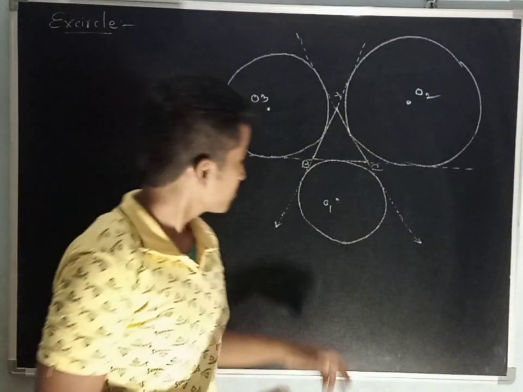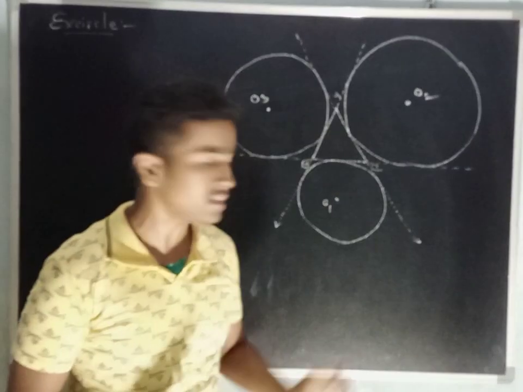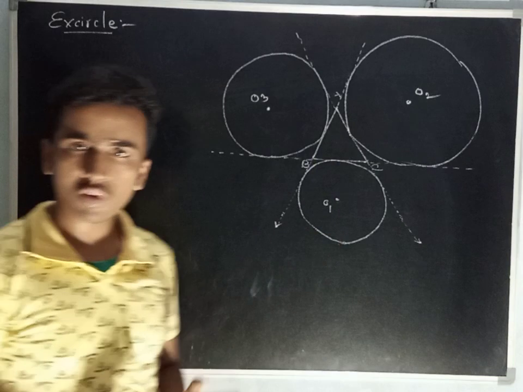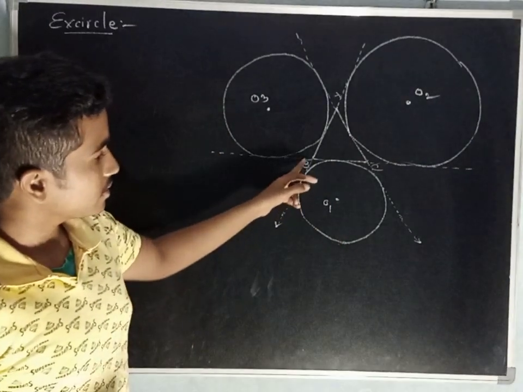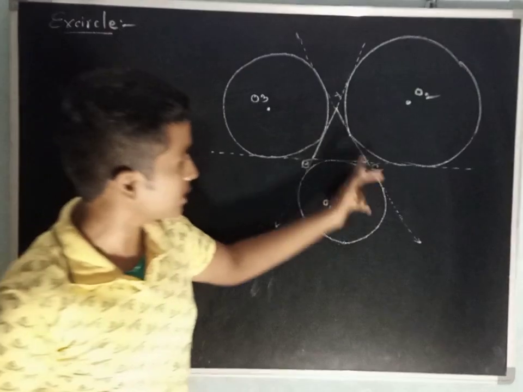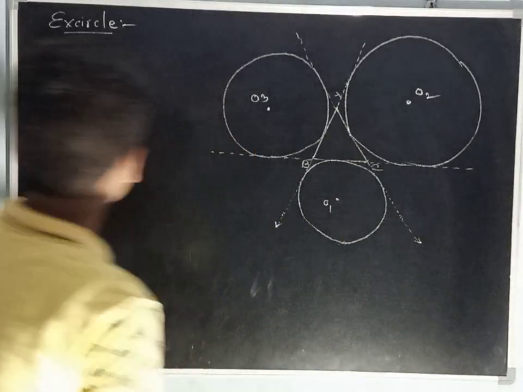Here we need to understand that there is a circle drawn. I am repeating again. There is a circle drawn outside the triangle so that one of the sides and the extensions of the other two sides act like tangents to it. Let me write the definition.